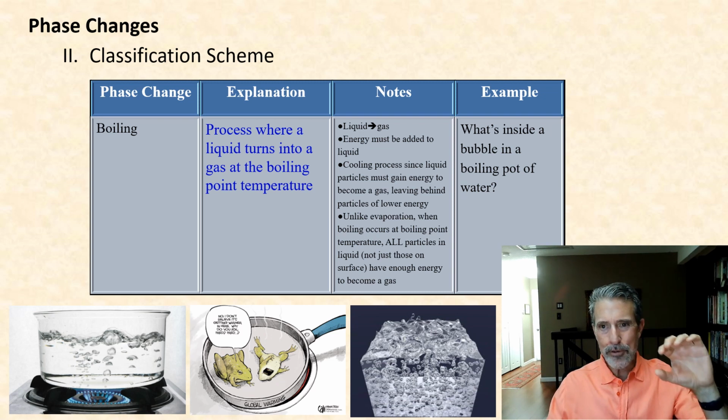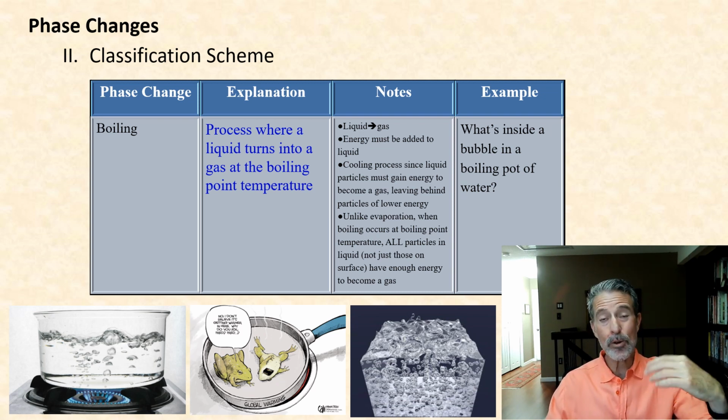It's the change of phase from a liquid to a gas. So the bubble forms when liquid water turns into gaseous water or steam. So what's inside the bubble is gas. It's gaseous water, not air. It's steam. That's what's inside a bubble when water boils. Gaseous water.